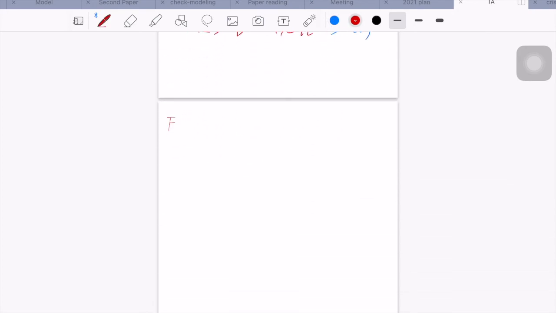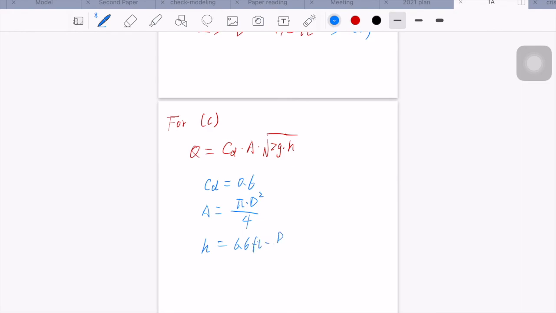And for classification C, we know Q should be equal to Cd times A times square root of 2g times H. And we know for square-edged entries, the Cd should be equal to 0.6, and we know A equals pi times D squared over 4, and the H is the depth above the culvert center, so H should be equal to 6.6 feet minus D over 2.